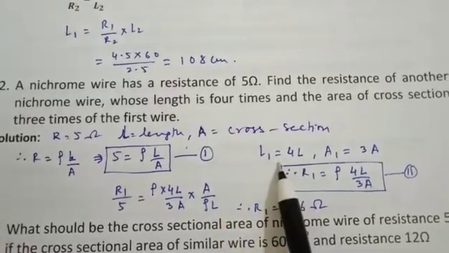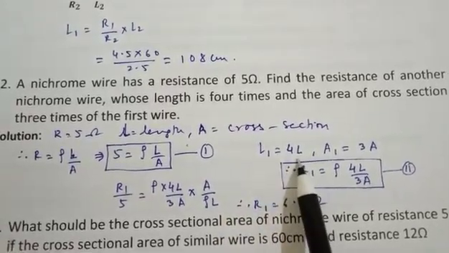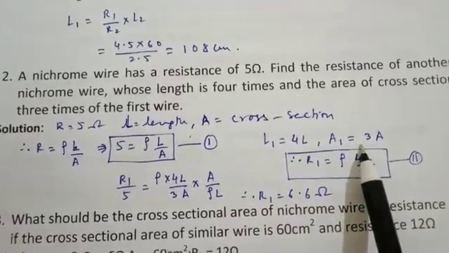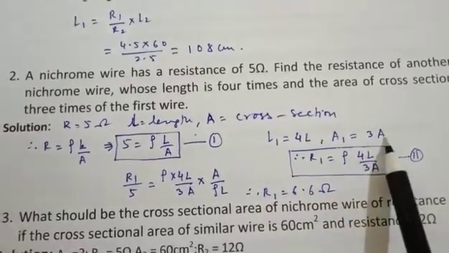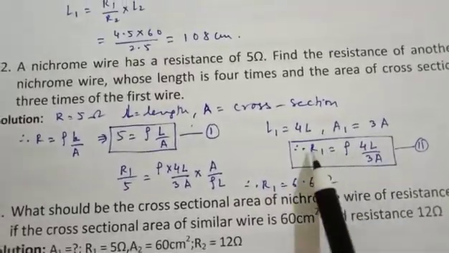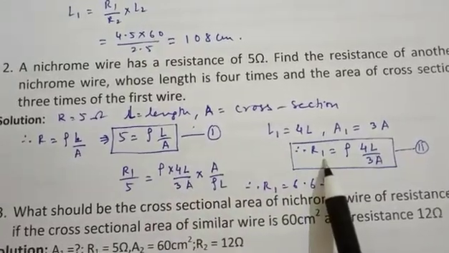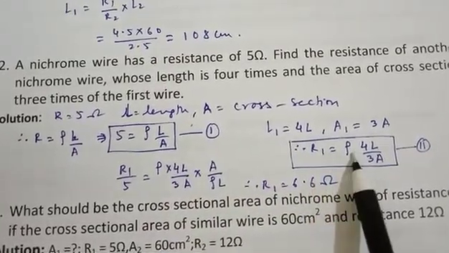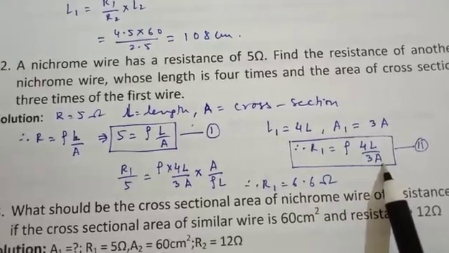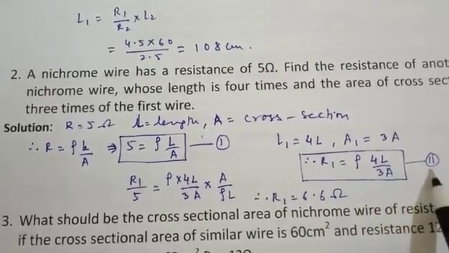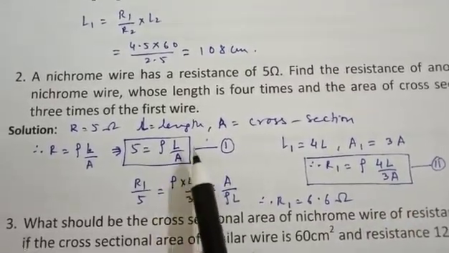So let L1 be equal to 4L and area is 3 times, that is A1 is equal to 3A. Now on the basis of the formula, we are going to get R1 is equal to rho 4L by 3A. This is the relation number 2 and that was the relation number 1.